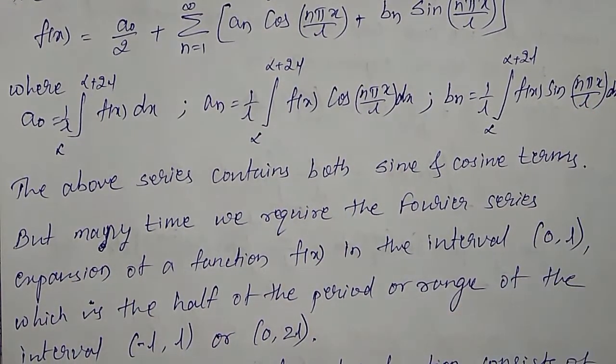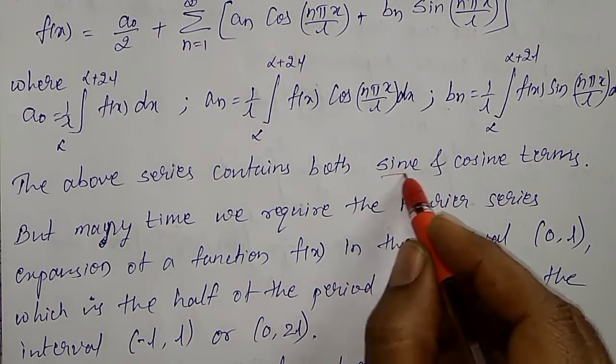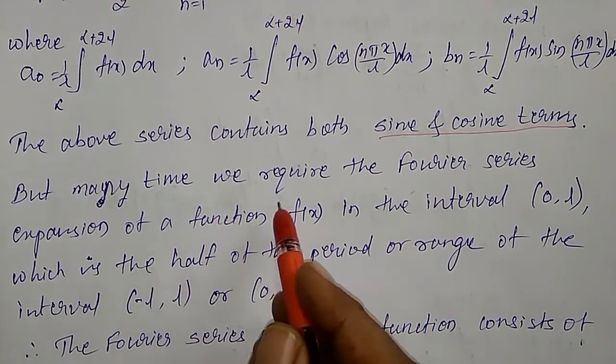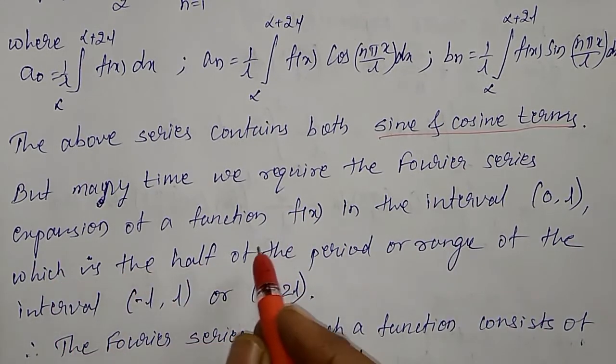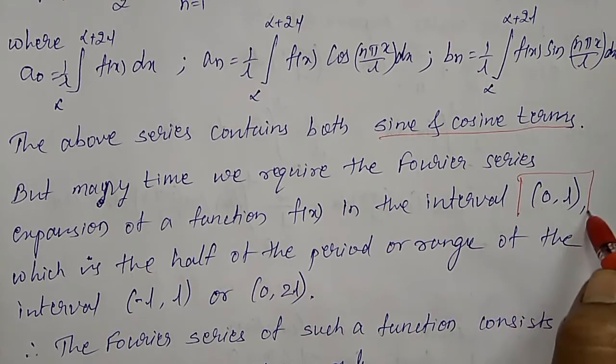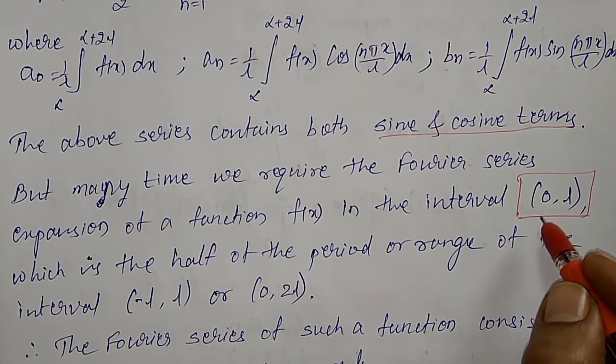But sometimes the above series contains both sine and cosine terms. Many times we require a Fourier series expansion of f of x only in the interval 0 to l, instead of minus l to plus l or 0 to 2l.